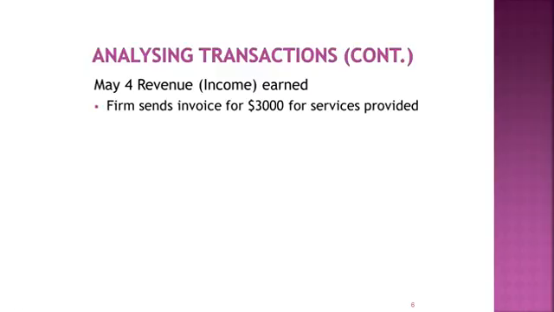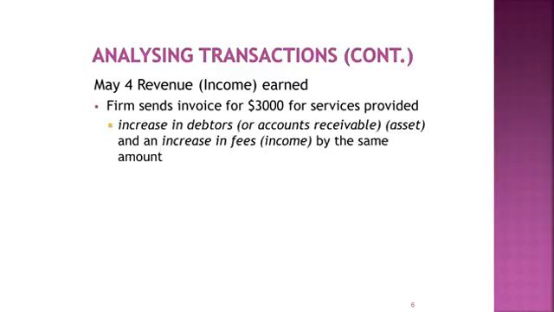Let's have a look at another type of transaction. On May the 4th, it's a revenue or income earned transaction. The firm sends an invoice for $3,000 for services provided. In this case, the firm has done the work, but they haven't received any cash for doing the work. They're going to send out an invoice. So the customer now owes the firm $3,000 for the services provided.